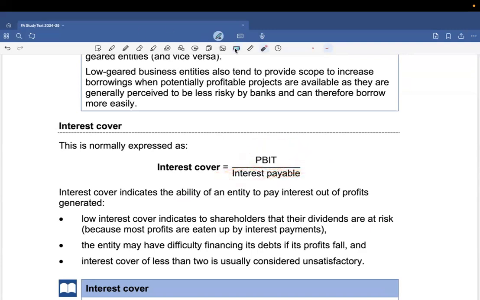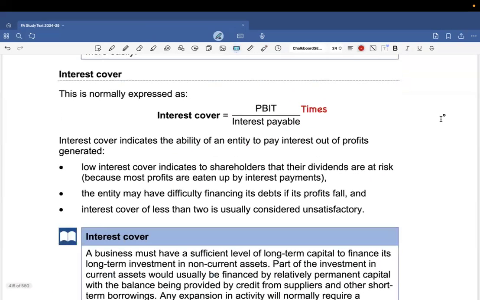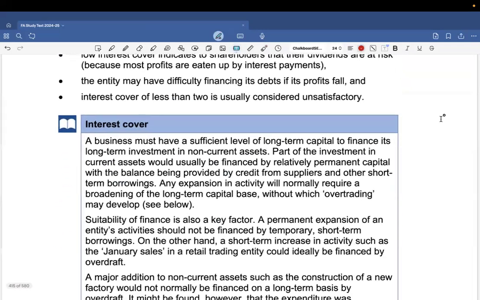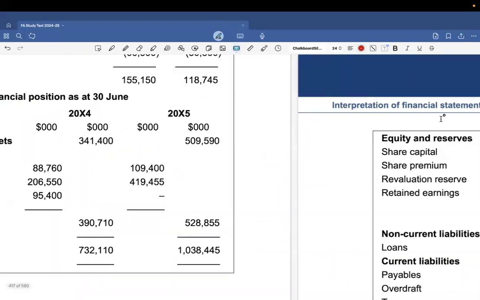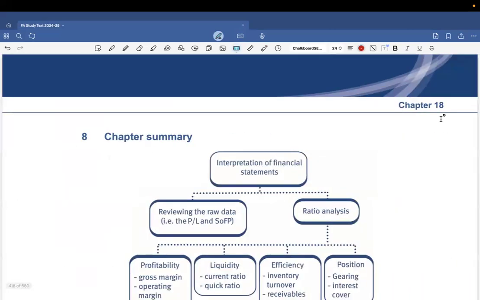And this particular amount is expressed as times. Clear now? PBIT is profit before interest and tax, operating profit. Understood, no?